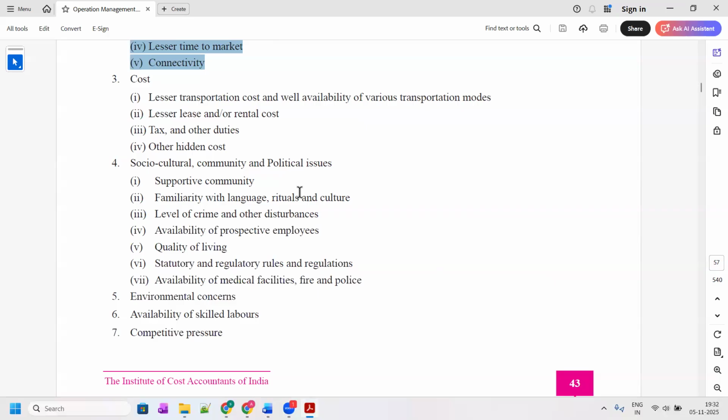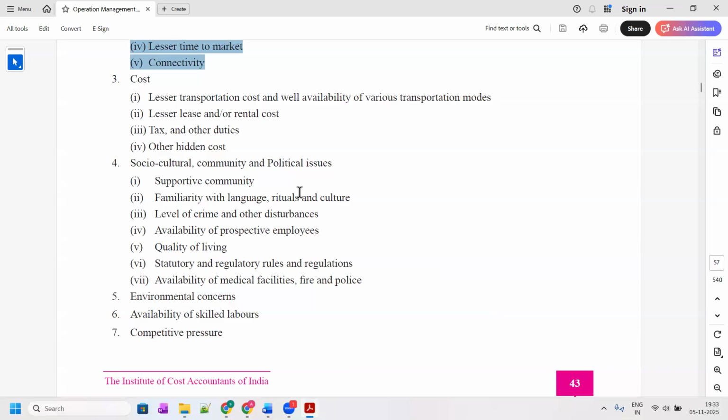Anyone would want an area with less crime or disturbance, and a good quality of life for employees is what management expects. And medical and safety facilities, and legal and regulatory facilities, are other reasons the company can look for.